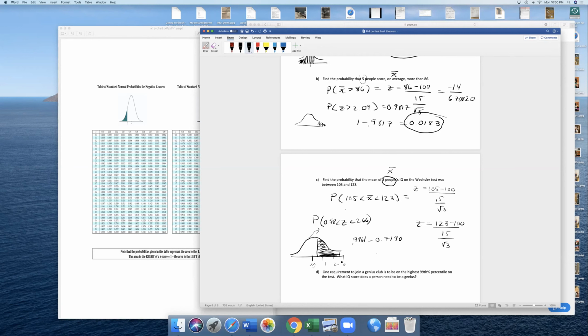And remember, you take the area of the higher z value and subtract from it the area of the lower z value if you have a slice. 0.9961 minus 0.7190. And that gives us 0.2771. So there's a 27.71% chance of that happening. So this is 0.2771.